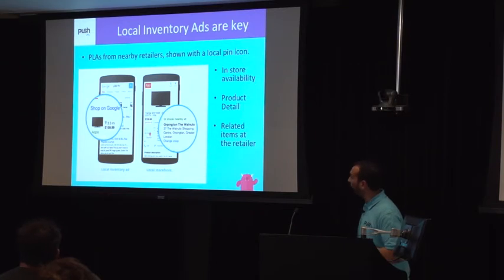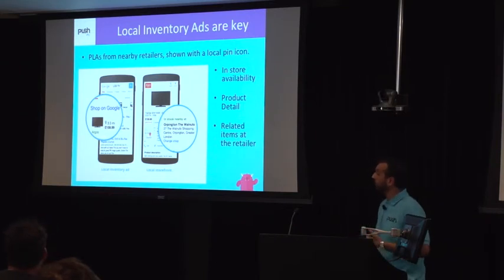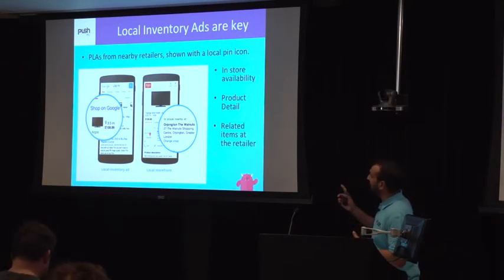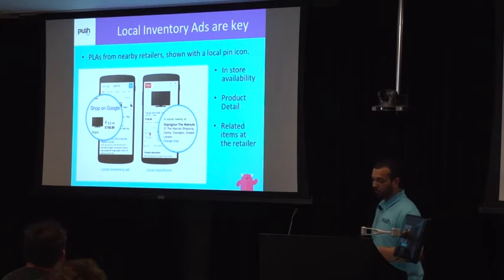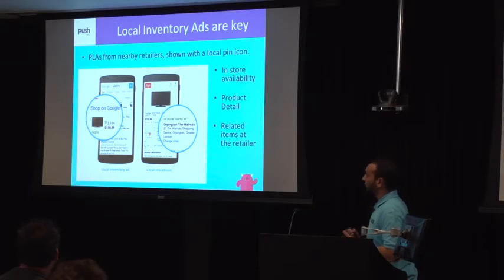So how Google has adapted, how shopping is adapting, is via one example here, introducing local inventory ads. Local inventory ads are product listing ads from nearby retailers, and they're displayed with a local pin icon.